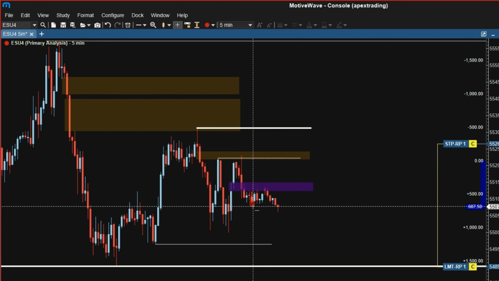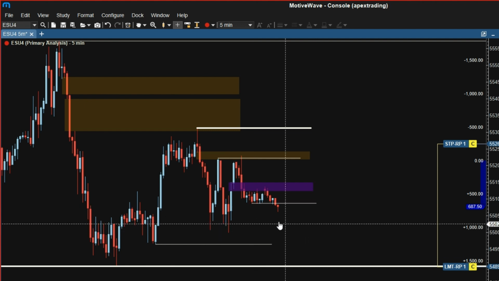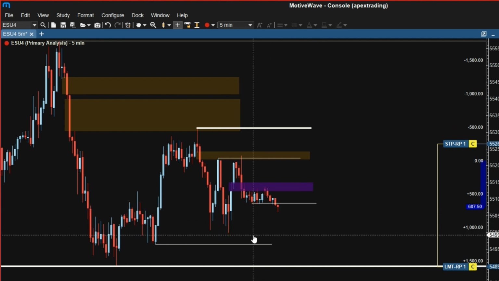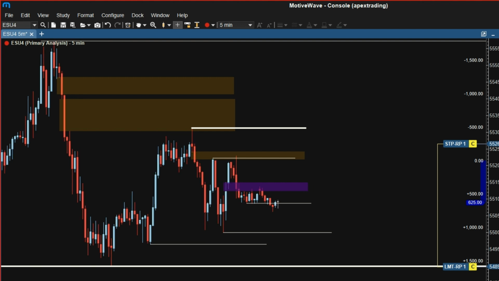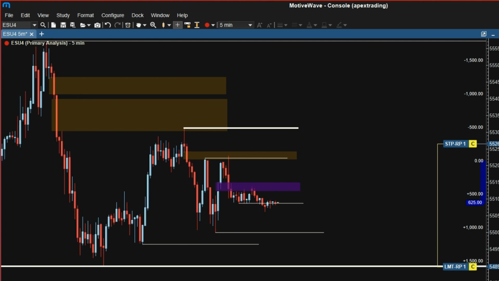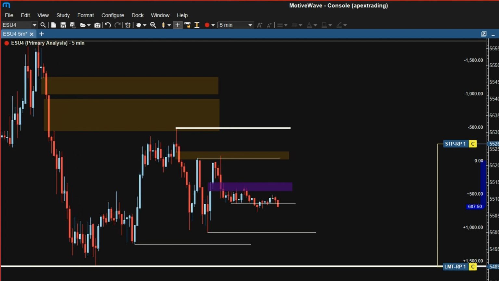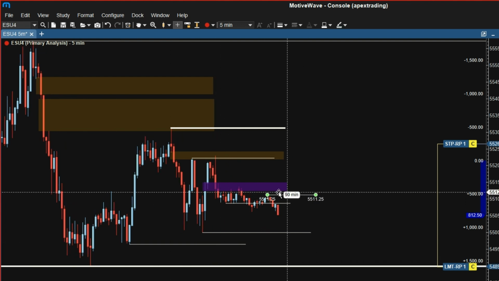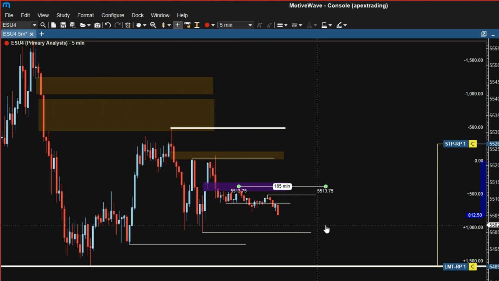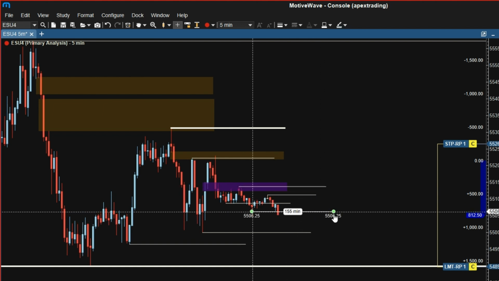So we sort of break this low, right? But there's no displacement or strong move there. So we have smaller candles there. Now we're making a lower high compared to that high and still breaking this low, right?